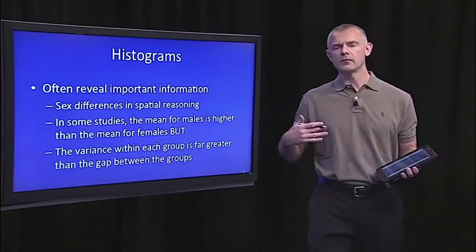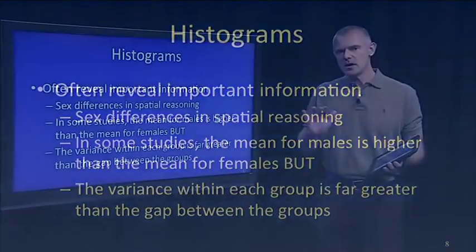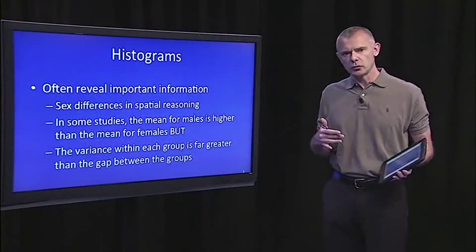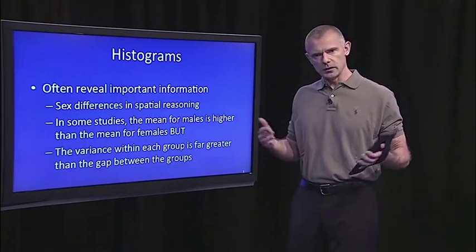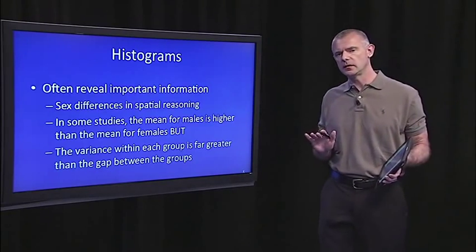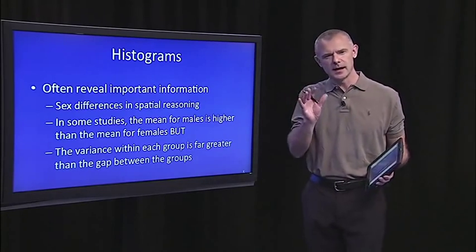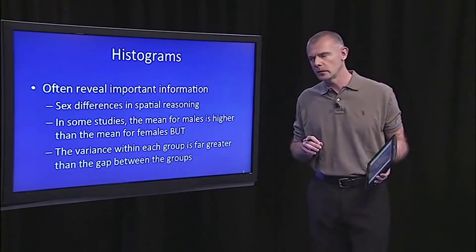So again, the reason we're starting with histograms is they often reveal important information that's missed or glossed over if you just provide summary statistics. Another controversial example that is perfect to demonstrate this point is the notion that there might be sex differences in spatial reasoning in adults. This has been observed in some studies in the intelligence and cognitive psychology literatures, depending on the type of spatial reasoning task you administer.